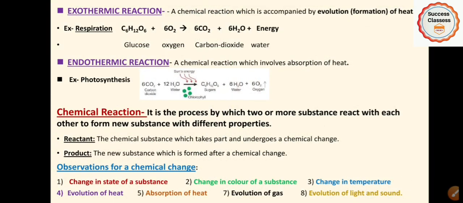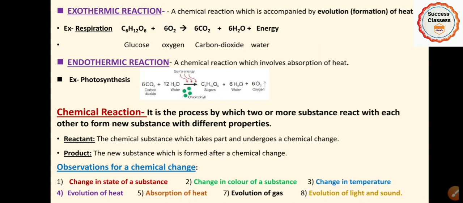Now, moving further, we will study exothermic and endothermic reactions. Endothermic and exothermic reactions are reactions where heat is either produced or absorbed during the reaction.